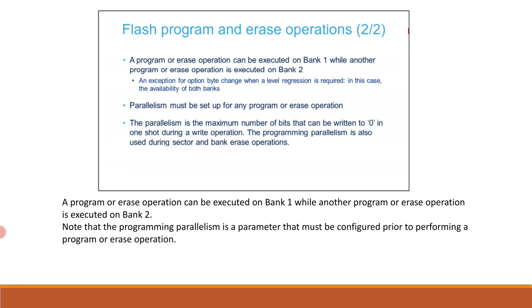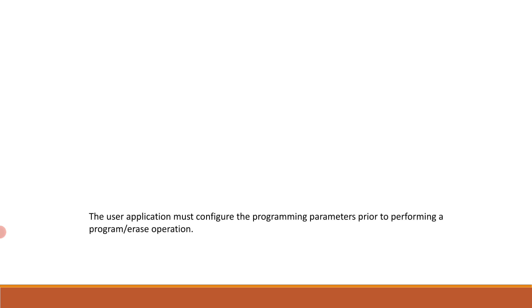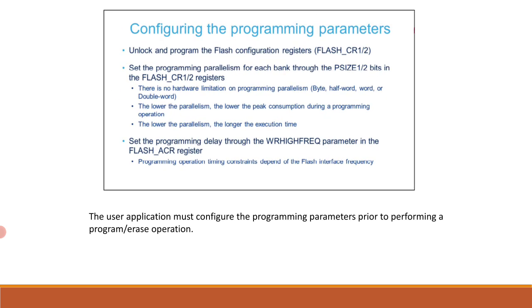The user application must configure the programming parameters to perform program or erase operations in this sequence. One, unlock and program the flash configuration register, that is FLASH_CR1 or 2.